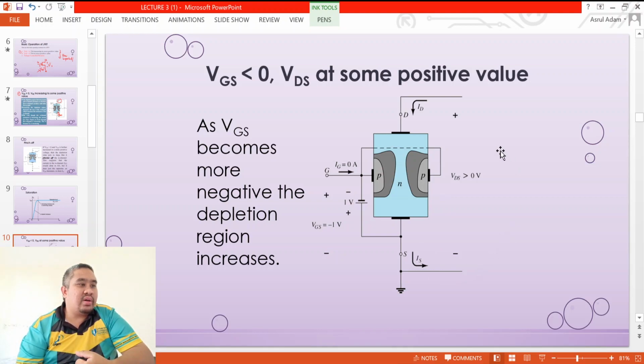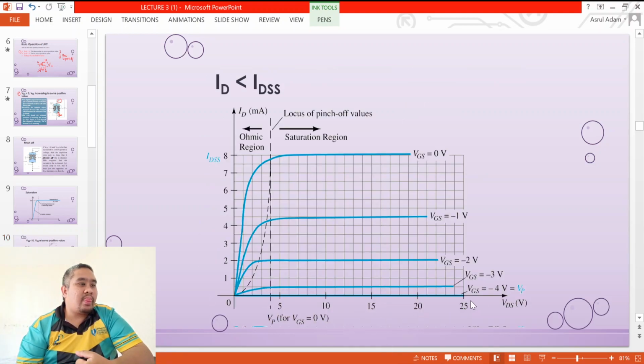As this VDS will be at some level, what happened to our depletion region? It also increases. Okay, we move to the next slide.